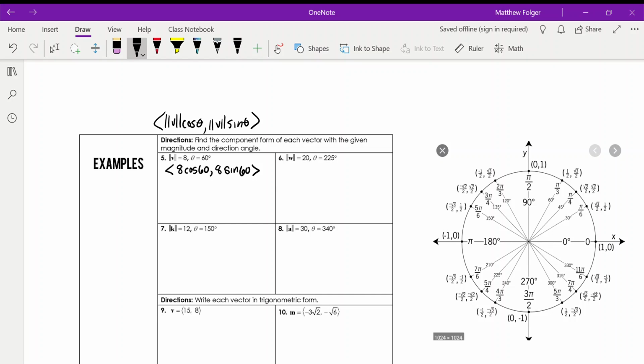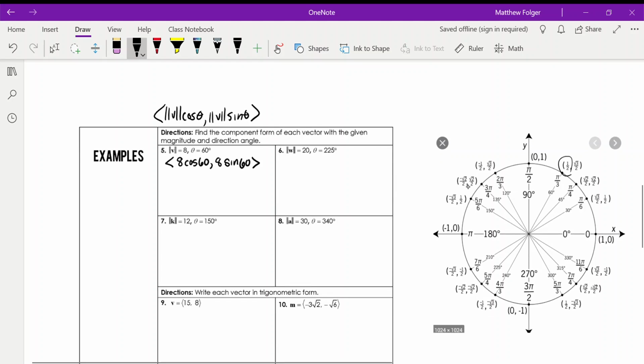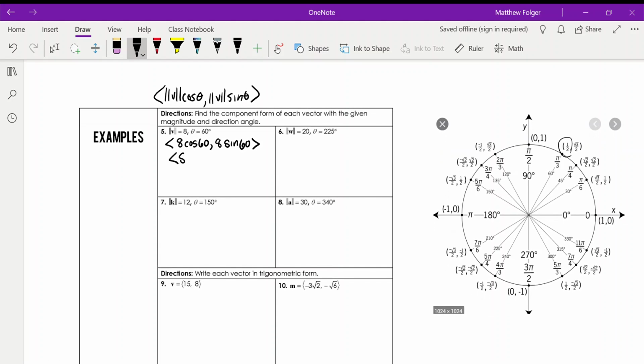So 8, and then remember to find the cos of 60, that's the x value, so 1/2. So it's going to be 8 times 1/2, comma, 8 times the sine of 60, which is square root of 3 over 2. Well, this is 4, comma, 4 radical 3, because the 8 and the 2 reduce to 4 and 1. So this is how you do it.